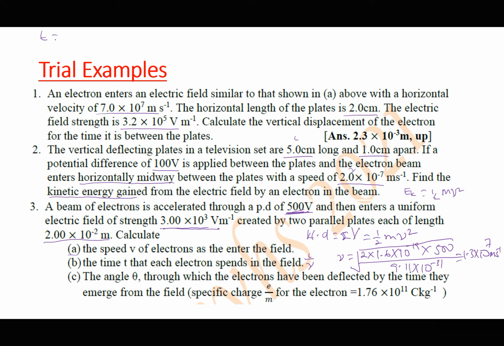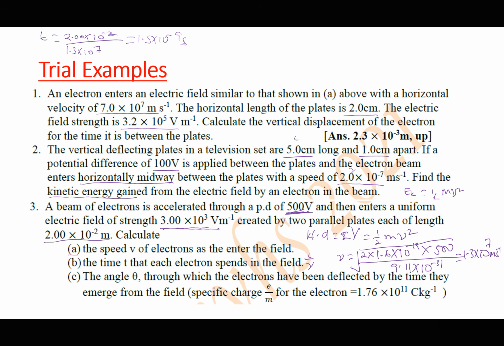The time between the plates is simply equal to 2.00 times 10 power negative 2 divided by the speed, which is 1.3 times 10 power 7. So this is giving me 1.5 times 10 power negative 9 seconds. So that is the time between the plates.